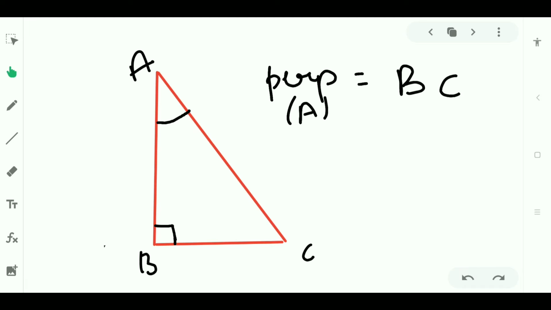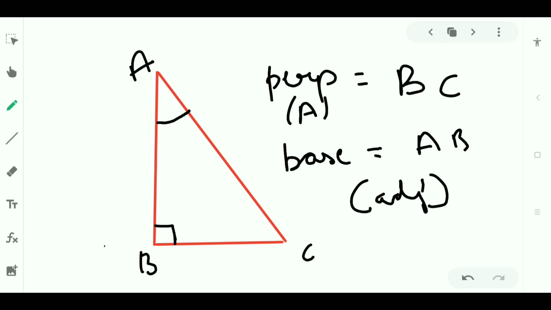Next we get a term called base. The base of angle A is nothing but AB. You can also call this adjacent. Adjacent means the side on which the angle is lying, which is not the hypotenuse, and that is called the base.